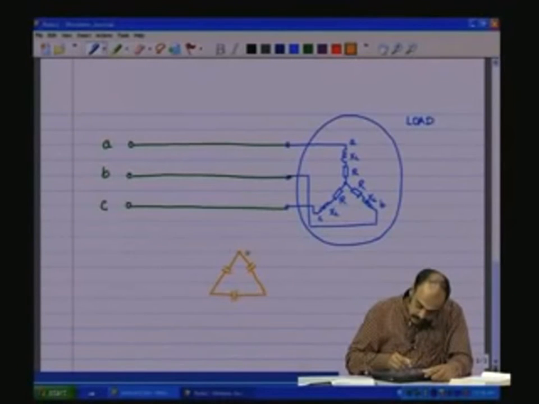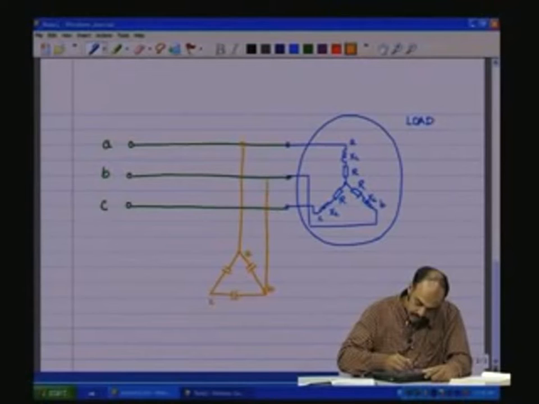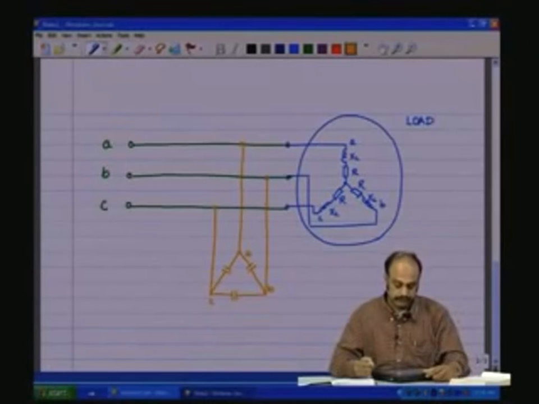Let us call this A, B, C of the capacitors, and link it up: A connected to the A phase, B connected to the B phase, C connected to the C phase.